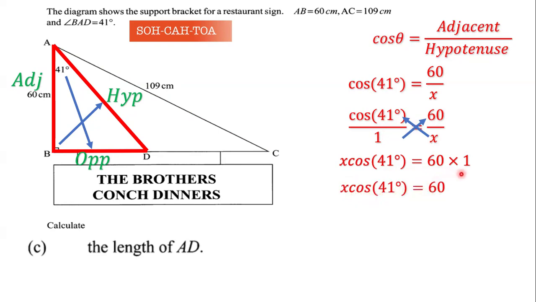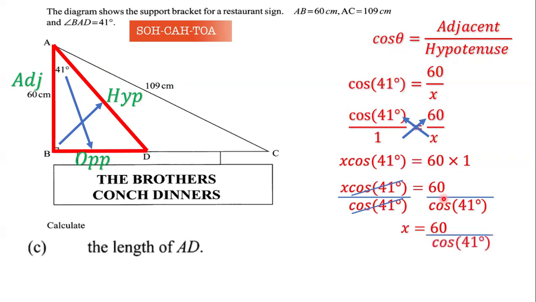We divide both sides by cosine of 41, and that gives us the opportunity to cancel out these two cosine of 41s, leaving us with x is equal to 60 divided by cosine of 41.